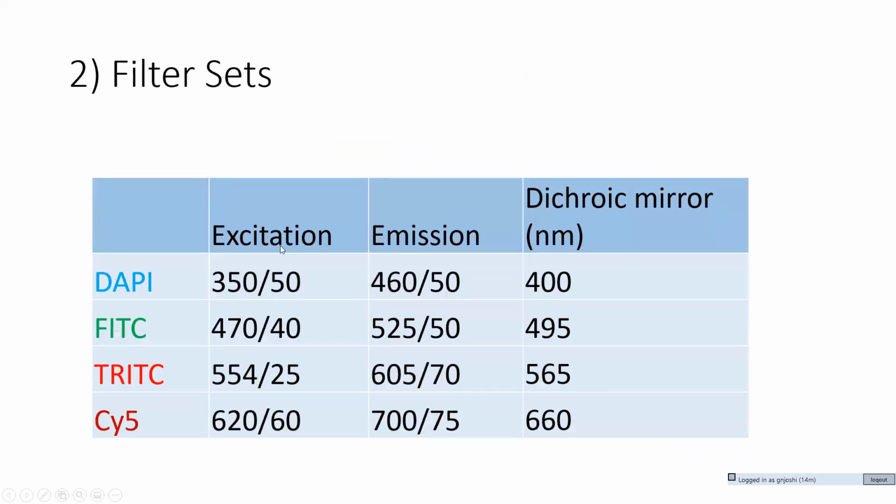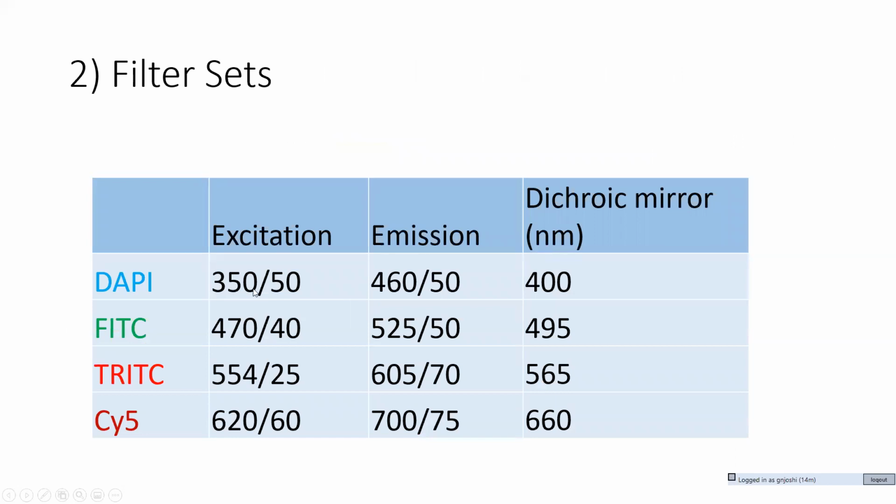So the filter sets that we have installed on the Keyence right now are DAPI, FITC, TRITC, and Cy5. And this is the excitation emission breakdown for each of them. And these are the dichroic mirrors that we have for each of these wavelengths.